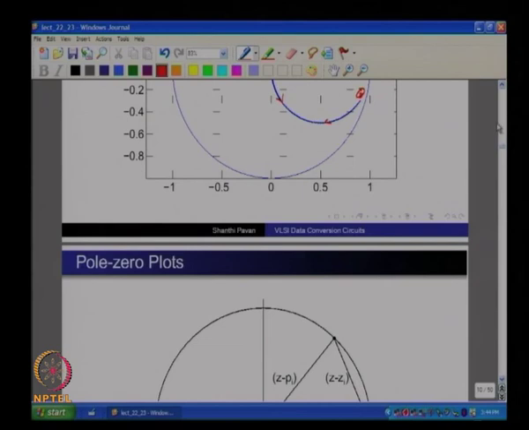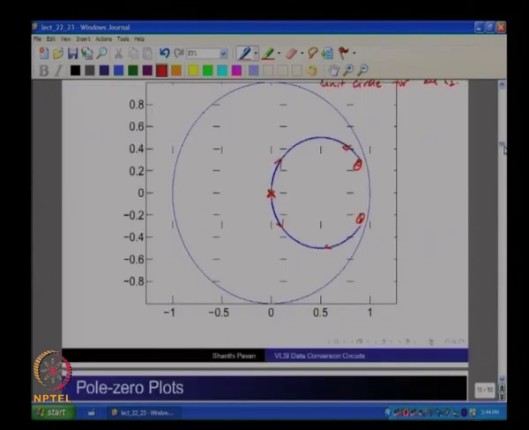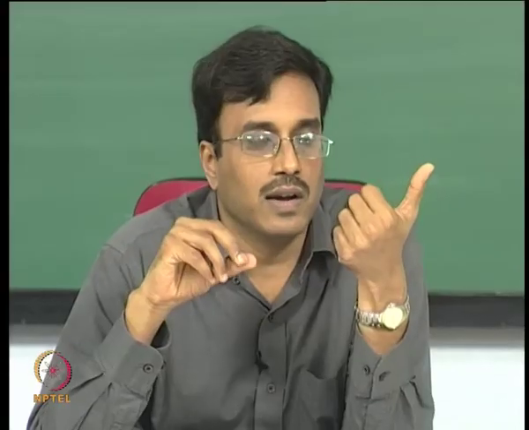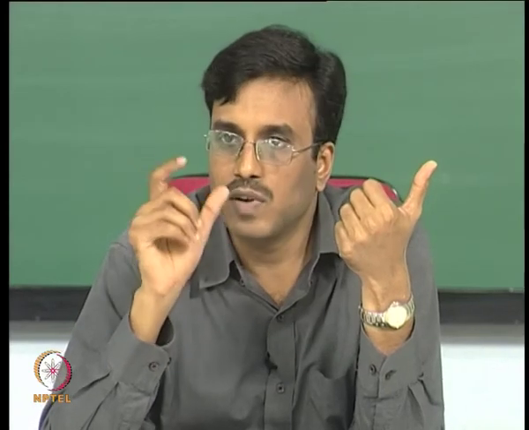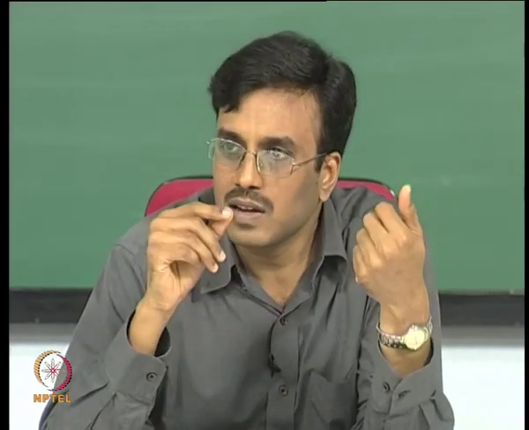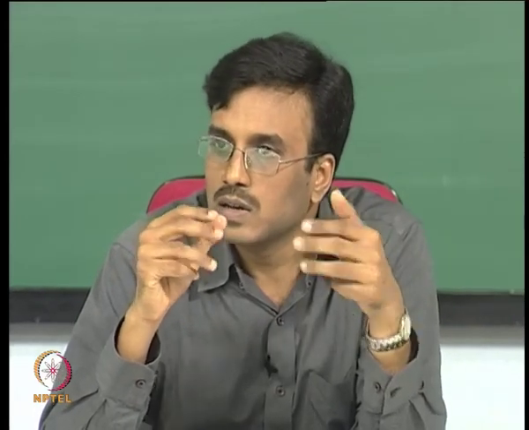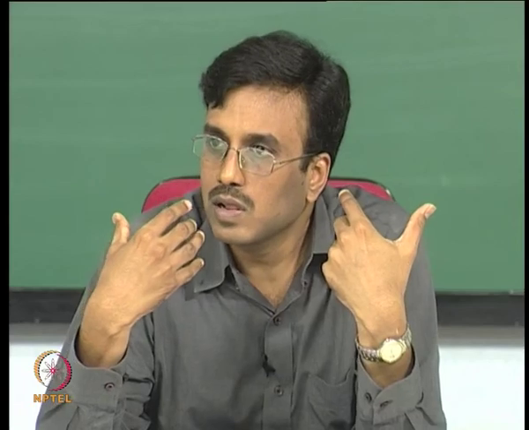So, the summary of the whole thing is that a delta sigma loop is only stable for an input signal range which is a part of the quantizer range. It cannot be the entire quantizer range, and the reason for that is that the true input to the quantizer is the input to the modulator plus shaped quantization noise, and the loop is becoming unstable because the quantizer is saturating, correct.